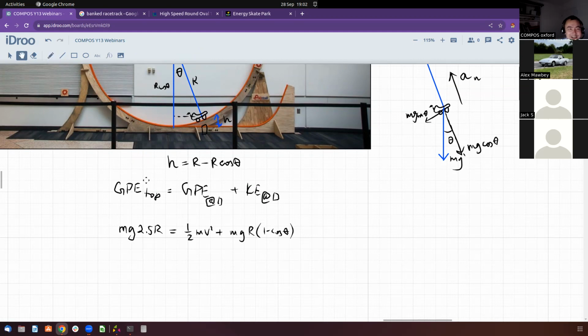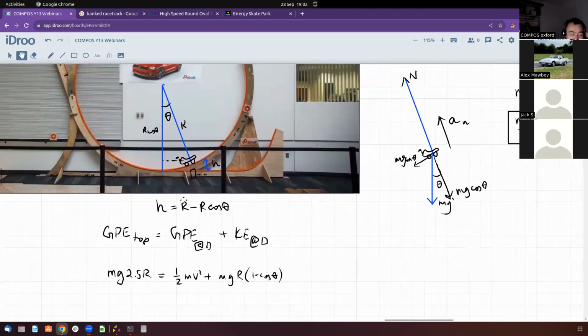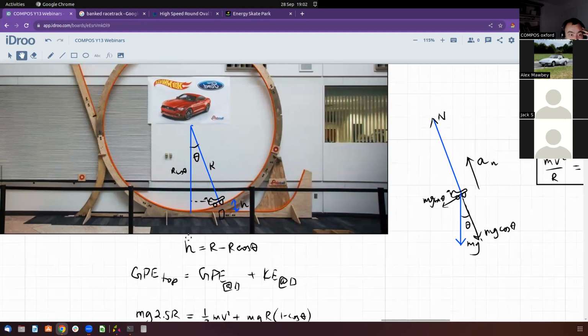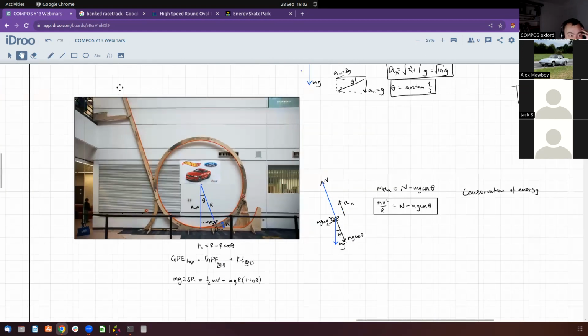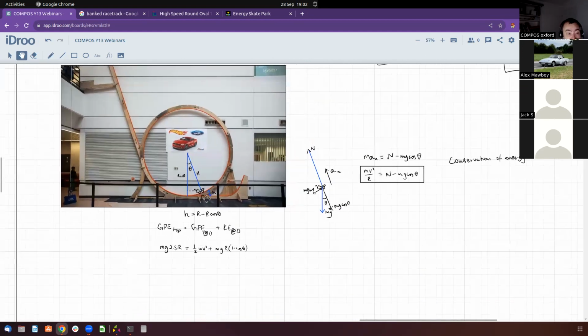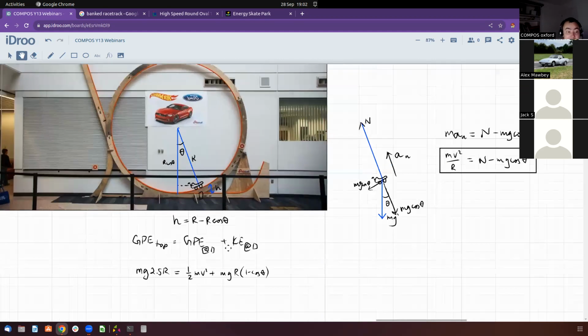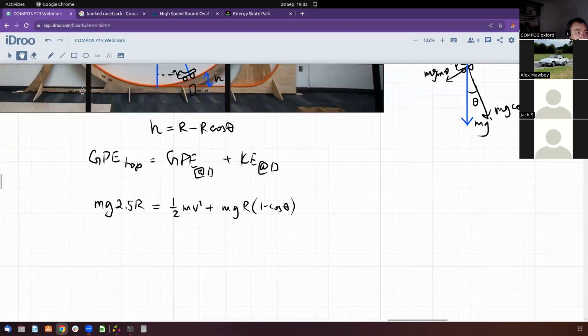I hope it's not too confusing. So what we're doing is we use the conservation of energy to find the speed, of course.